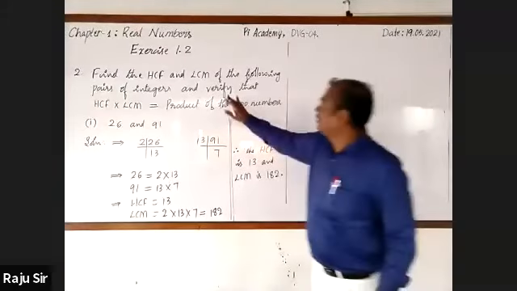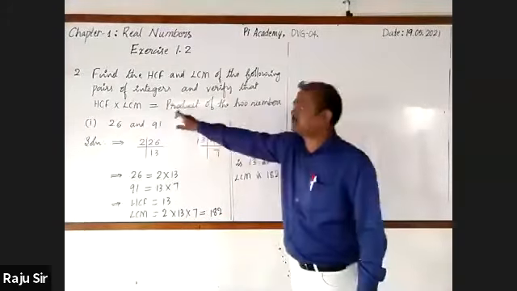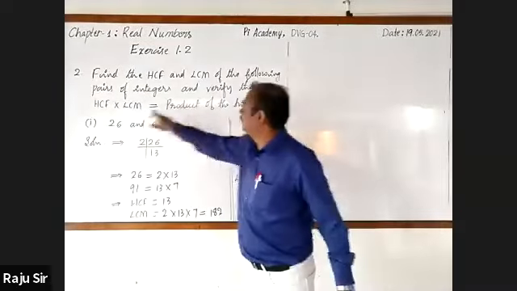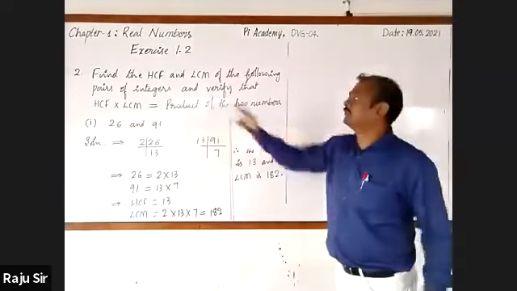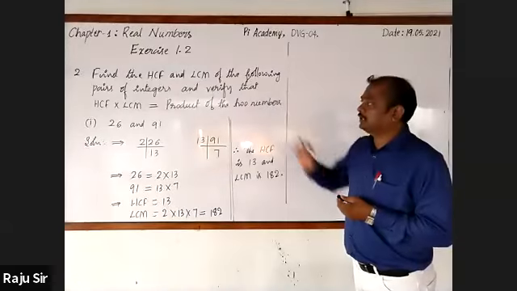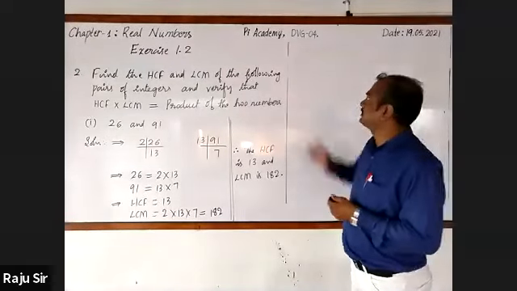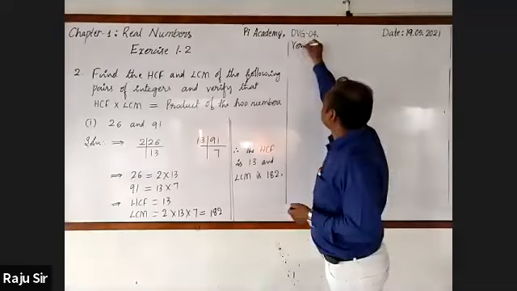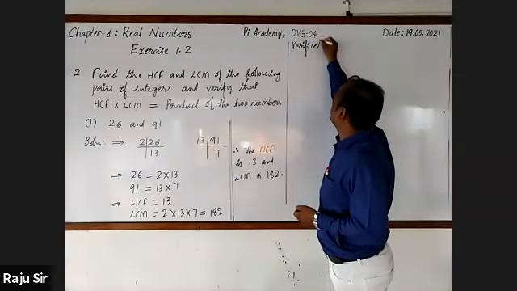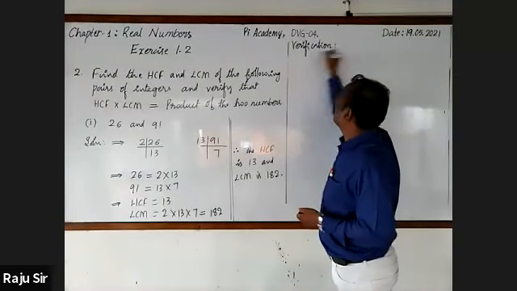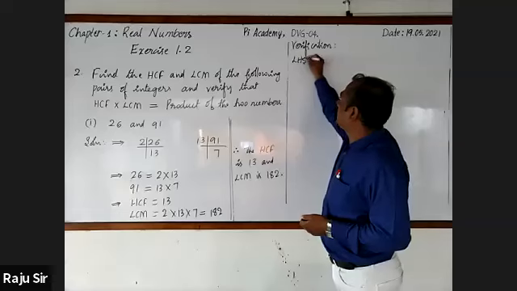Next, focus on the sub question. Sub question is we have to verify the statement that HCF into LCM, whether it is equal to the product of the given two positive integers. Right, verification. So you have to take it part by part.